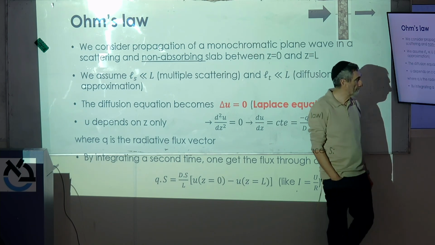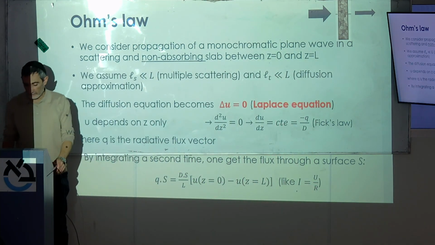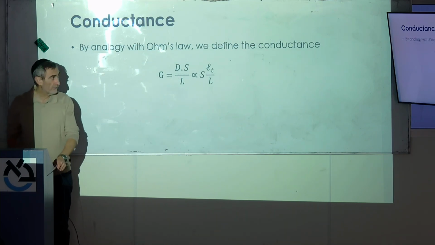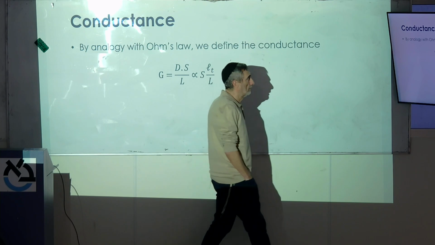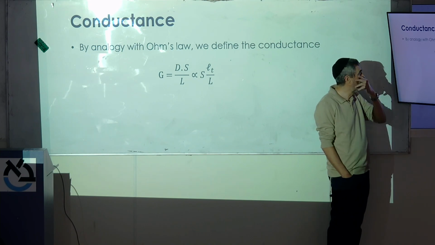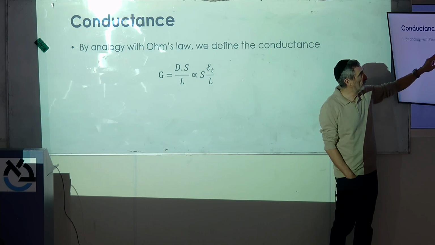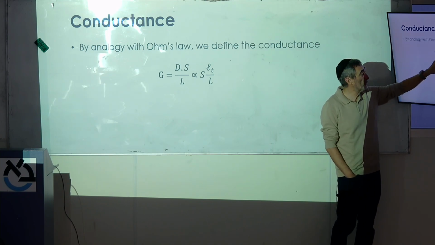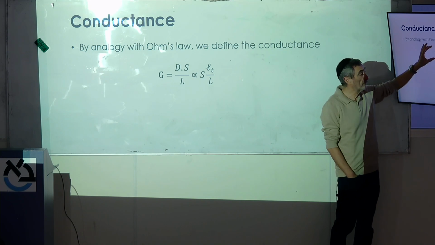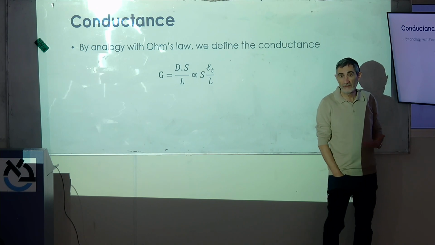So you recognize the standard equation I equals U over R, and if you write by analogy with Ohm's law, that gives you a conductance G which is given by D, the diffusion coefficient, times the surface, divided by the length, the thickness of the slab. So you see that G is proportional to D, which is proportional to l_t. So G is proportional to the transport mean free path. That's very interesting. Here we define the conductance, which is a quantity that you are familiar with in electronics.